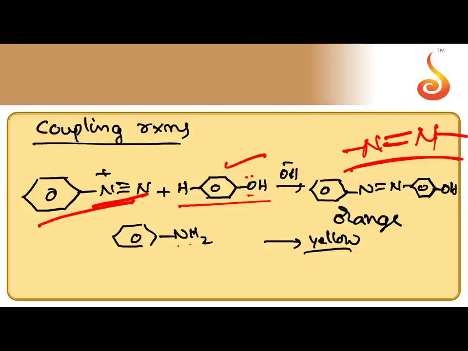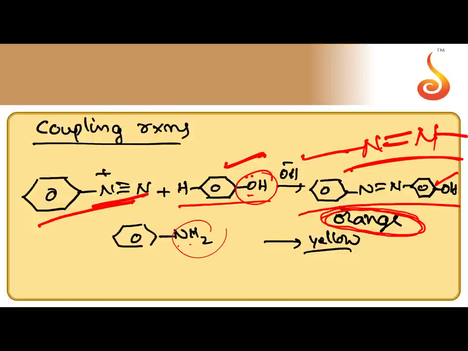So when benzene diazonium salt is reacted with phenol in the presence of mild alkali, we can get para-hydroxyazobenzene. The OH is at the para position, so para-hydroxyazobenzene, which has an orange color. So an orange dye is obtained whenever phenol is reacted with benzene diazonium salt.